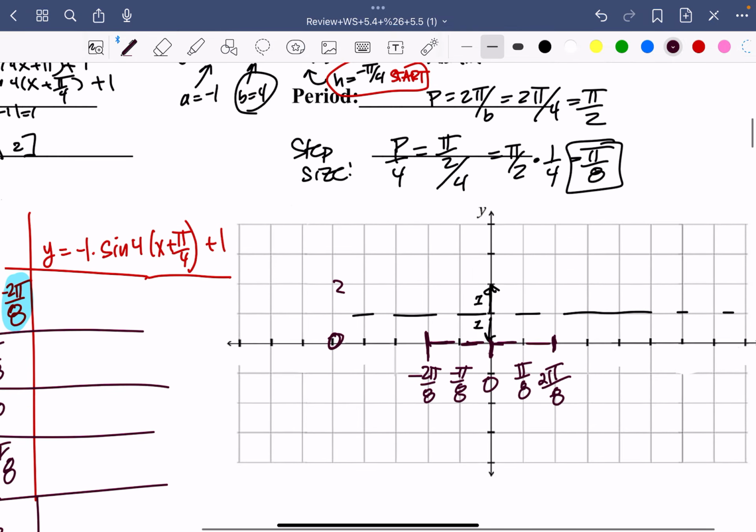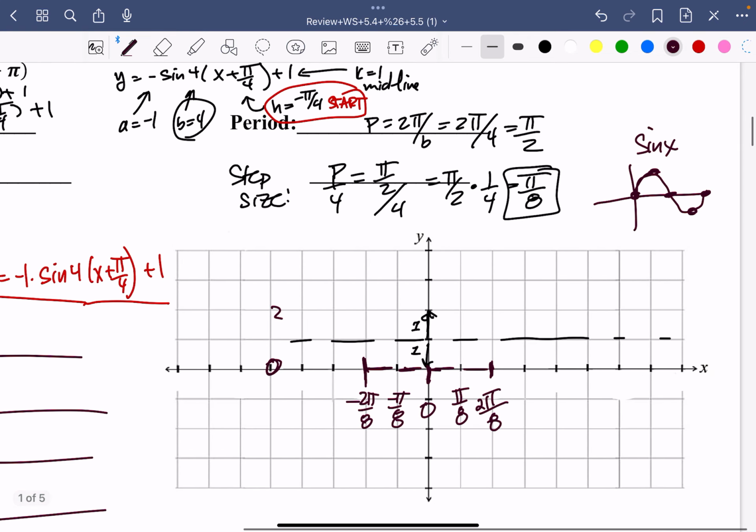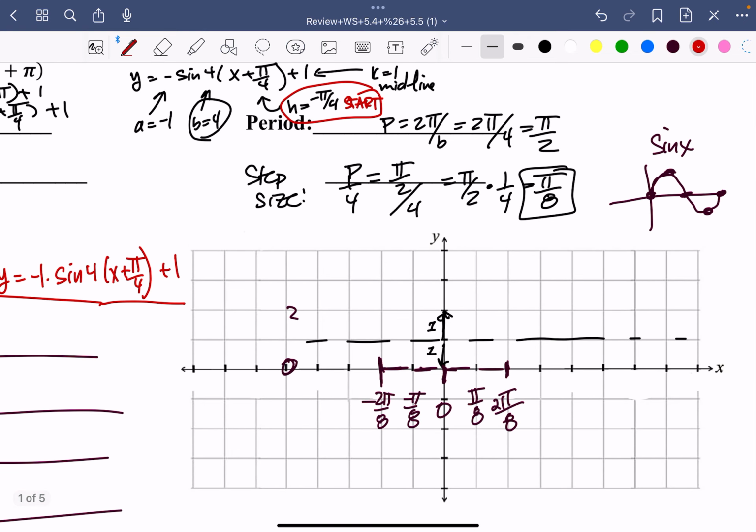Okay, well, what are some things that we know? We know that the basic sine graph goes midline, peak, midline, valley, midline, right? So from that, since I'm doing negative sine, I still start at 0, which is my new midline, y equals 1.